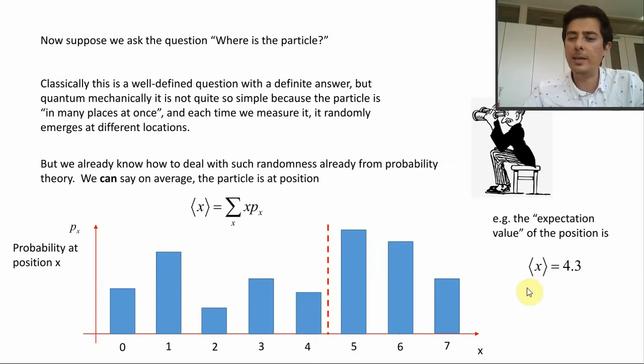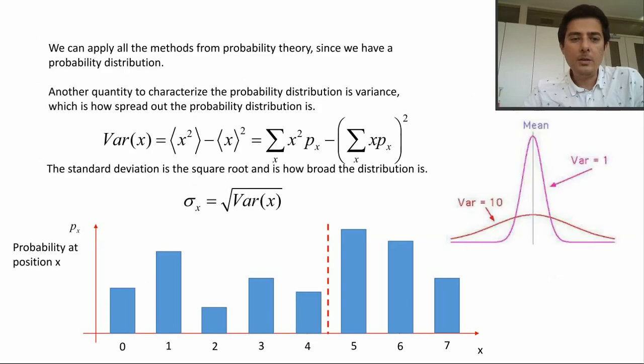So we can say on average the position is at 4.3, but actually it's quite random, and it'll come out at 0 or 7 or some other places a lot of the time. That is basically how we handle the question in a quantum mechanical setting.